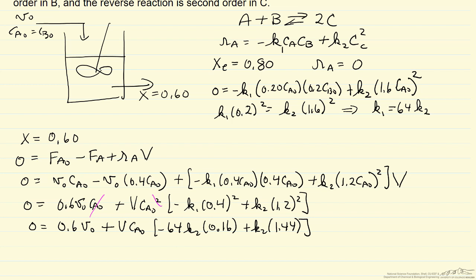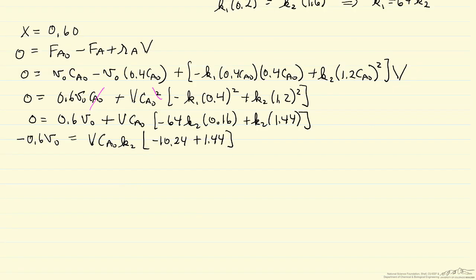Well, it's going to move the 0.6 V0 to the left side of the equation. So I can rearrange and solve for ratios of constants. We don't know the rate constant, feed concentration, reactor volume, or volumetric flow rate, but we know a term that includes all those, so just rearranging this equation.